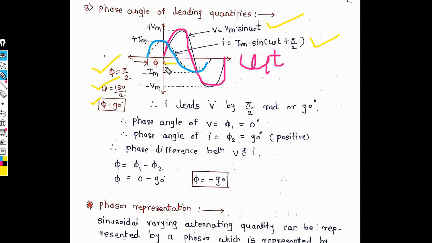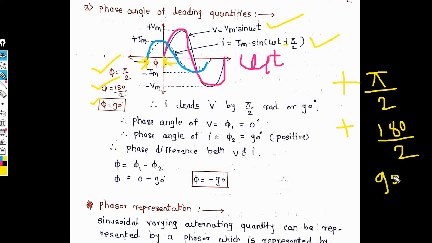Now the angle phi is 90 degree. Why are we taking a positive sign here? Because the current waveform starts before the voltage waveform. So we take the positive sign for a leading quantity, that is plus pi by 2, which is 180 upon 2, that is 90 degree.